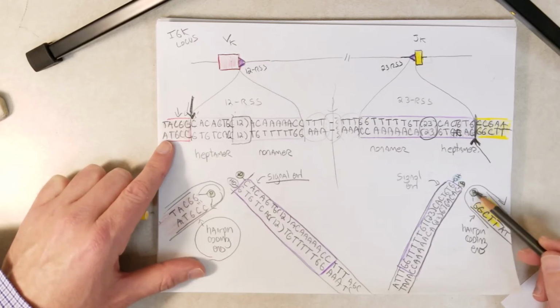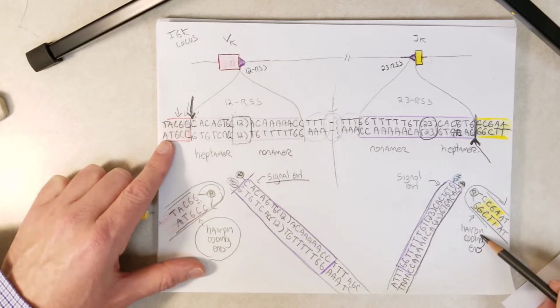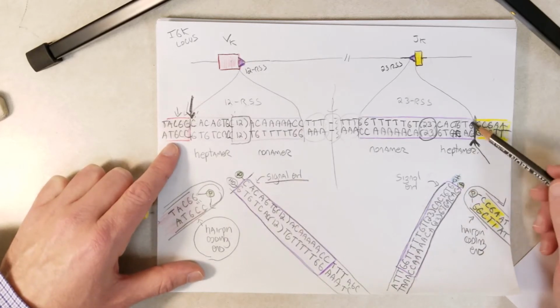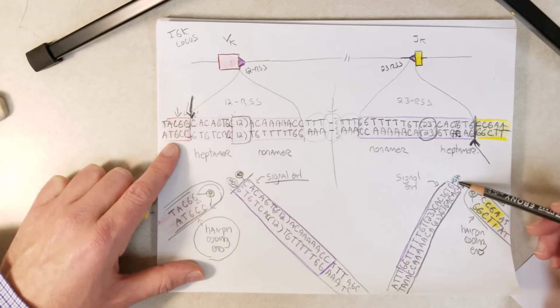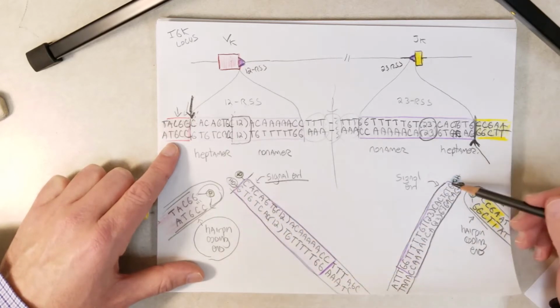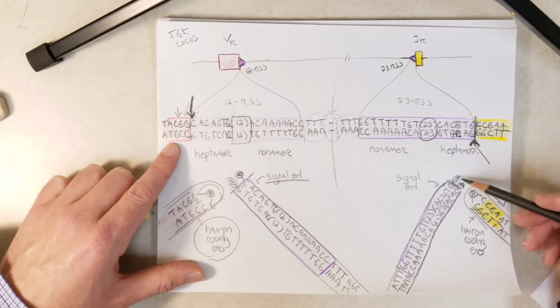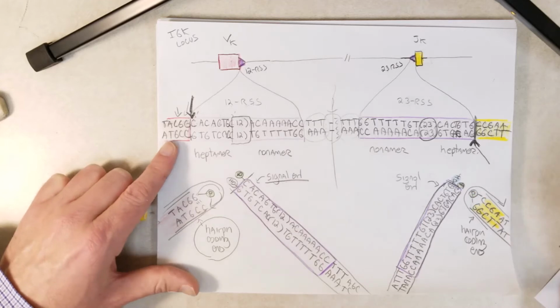This is a hairpin coding end. And same thing for the RSS sequence. Well, not the same thing for this one over here. The signal end is just a blunt end with a free hydroxyl group on the 3' nucleotide right here, and the 5' nucleotide has a phosphate.